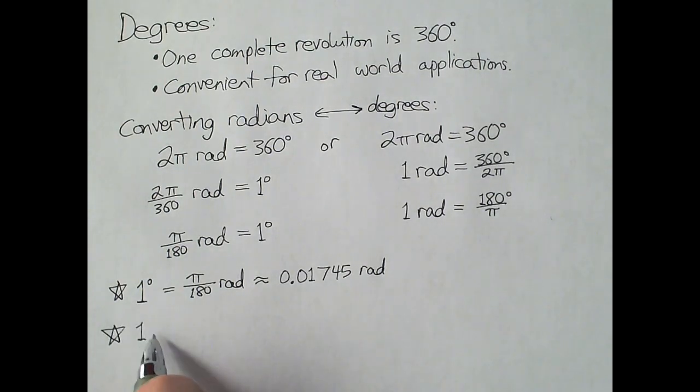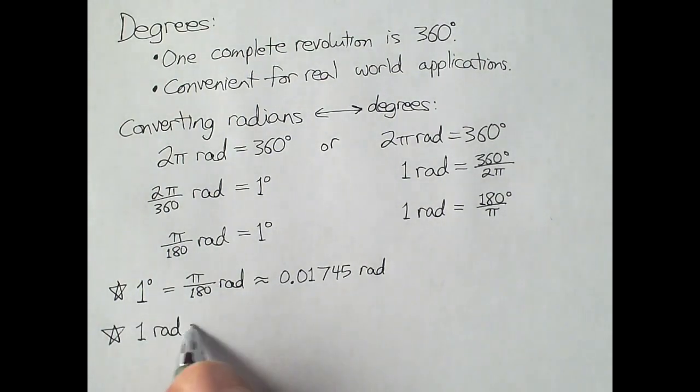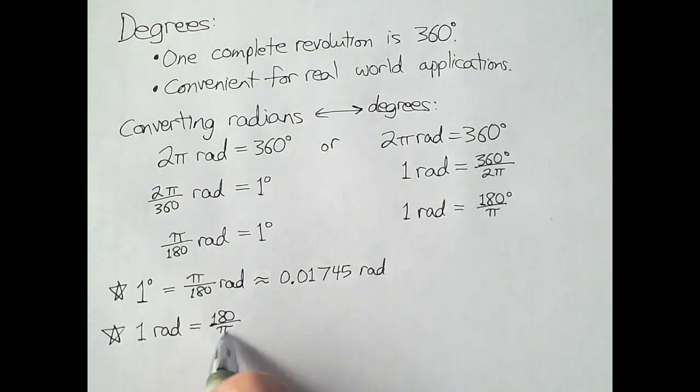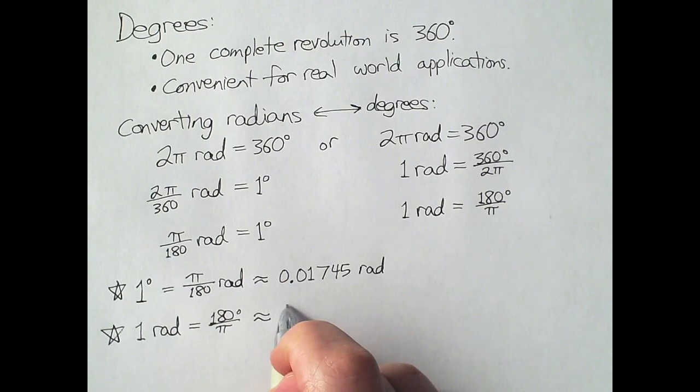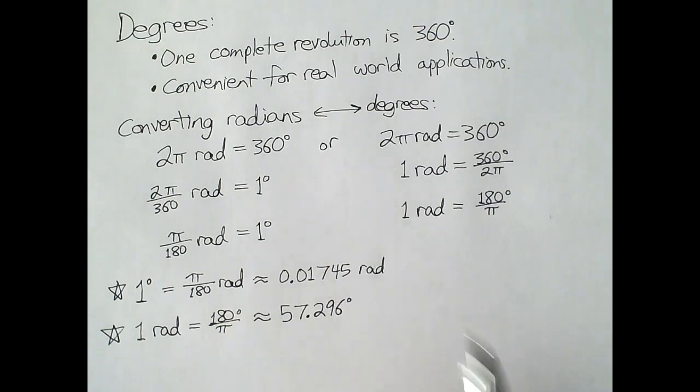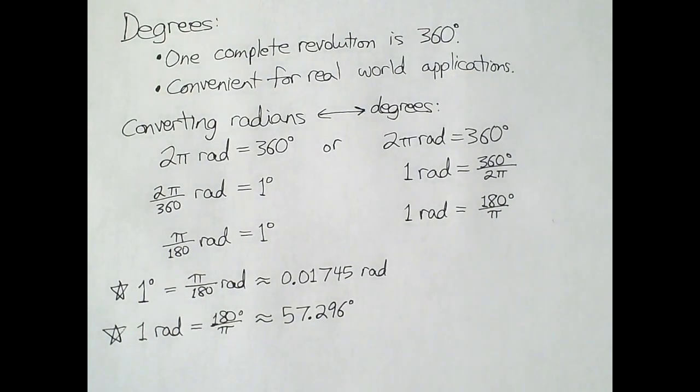What about 1 radian being equal to 180 over pi degrees? What is that as a decimal? Well, now it's 180 on top, so 180 over 3.1 something. With a calculator, this winds up being about 57.296 degrees. So an angle with this many degrees is an angle that's 1 radian.